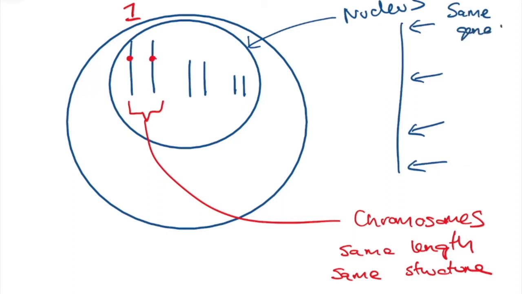But they may have different versions of those genes. So they may have, or will have for some at least, different alleles, the different forms. So this is one pair of homologous chromosomes.